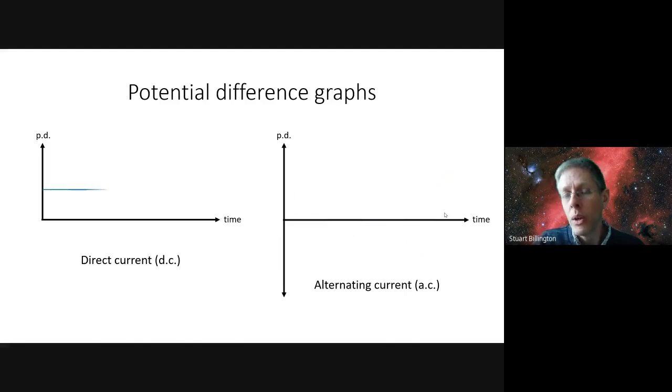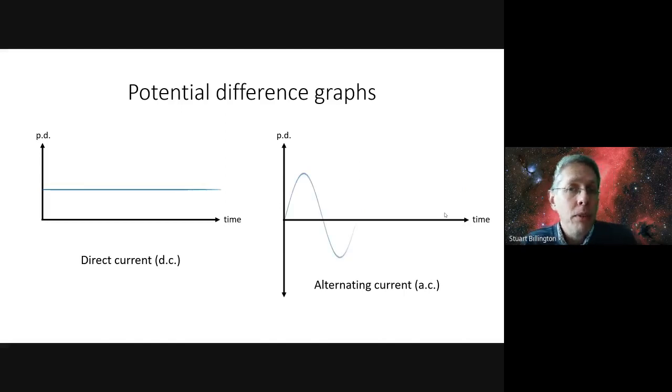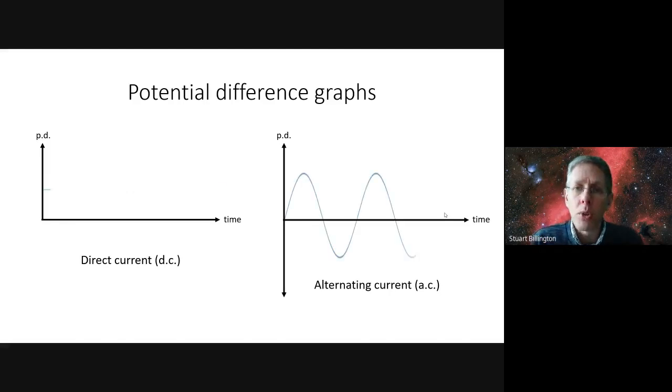Which means not only do the electrons flow in different directions, they actually flow at different kinetic energies. Because when the potential difference is very, very small, the electrons are only given a little nudge around the circuit and they move quite slowly. But then when the potential difference grows very, very big, suddenly that's a much bigger push, much more electrons involved on the terminal, and the electrons move very fast.